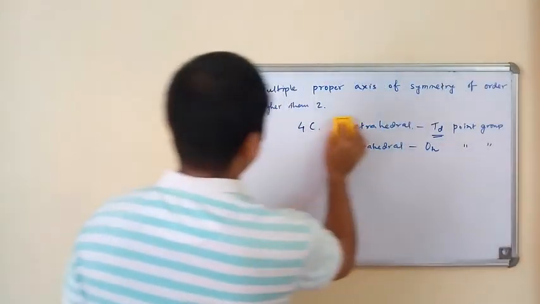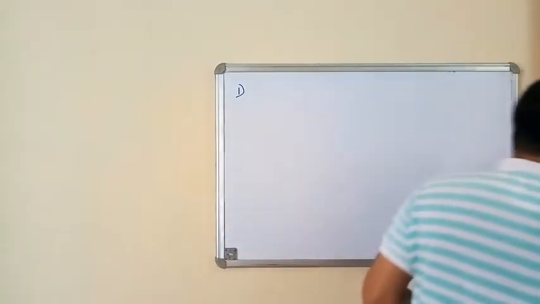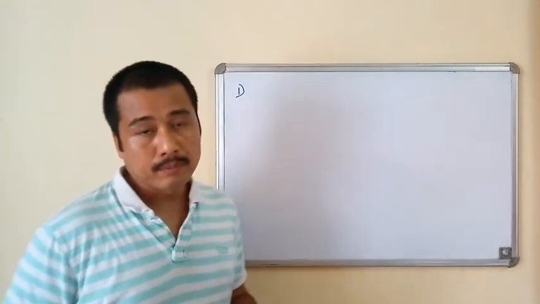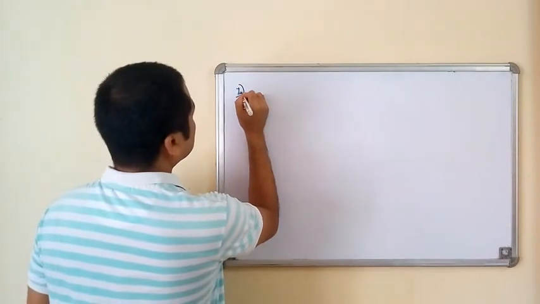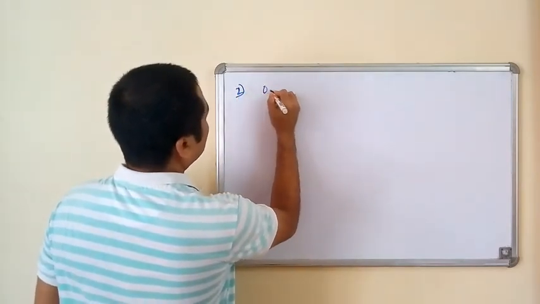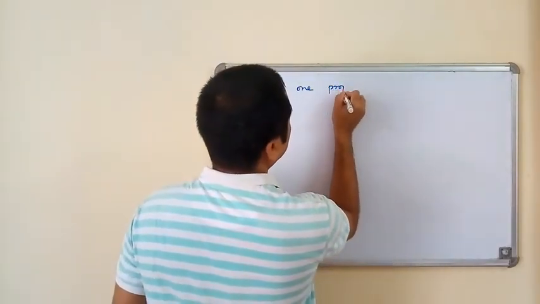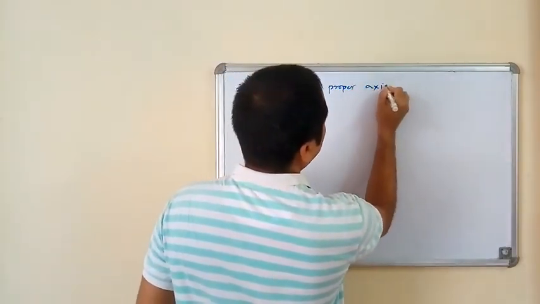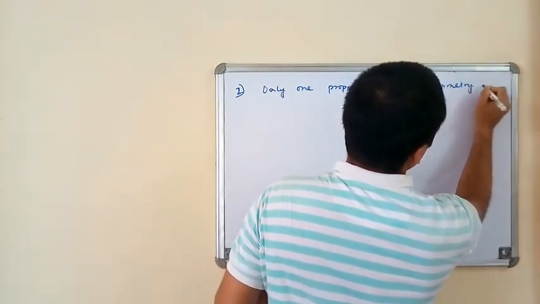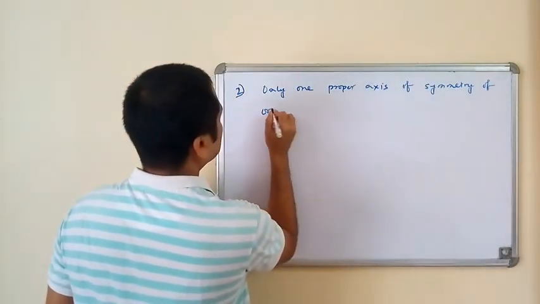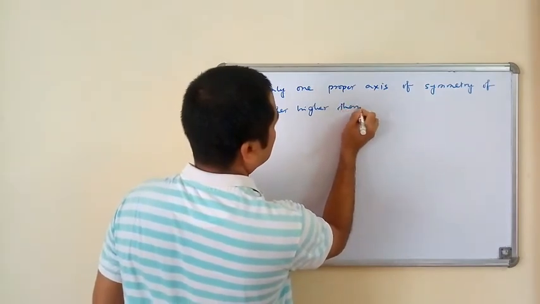So the second category of molecules that we are going to discuss, and the majority of real life molecules fall into this category, contains only one proper axis of symmetry of order higher than 2.